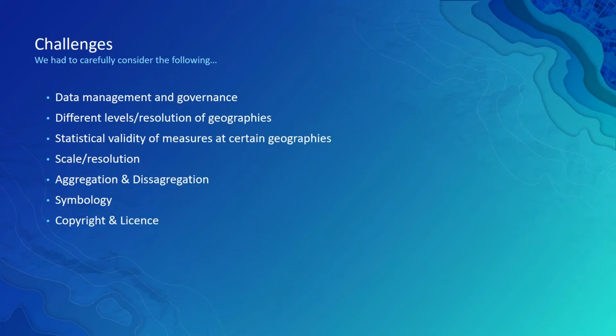So where we have continuous phenomenon, like for example, forest cover, what we do is we take the forest cover layer and we intersect that spatially using ArcGIS with the small areas layer to compute a percentage cover for each small area. And then we aggregate that up in our reporting. So small area becomes the unit of area for each of our indicators. And that is a methodology that we feel can be applied elsewhere as well.